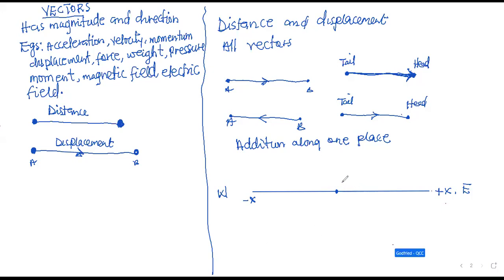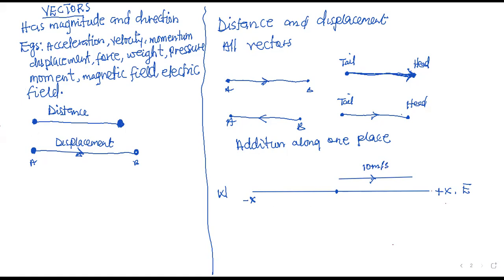For example, I have one body moving with a velocity of 10 meters per second. Since velocity is a vector quantity, we need to show the magnitude and then the direction. This arrow indicates the direction, and the magnitude of this velocity is 10 meters per second.